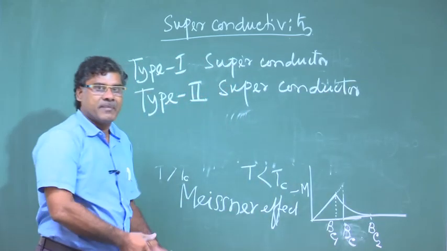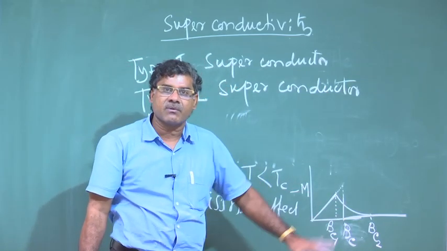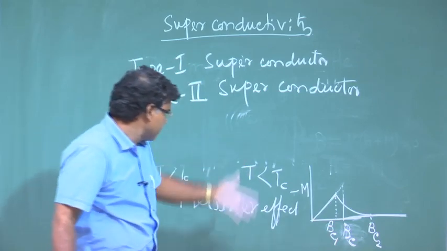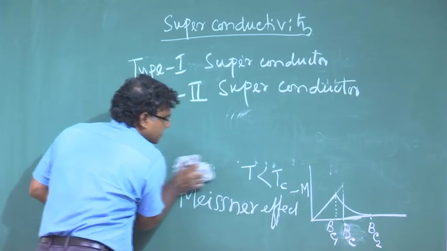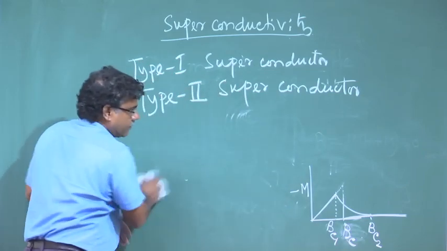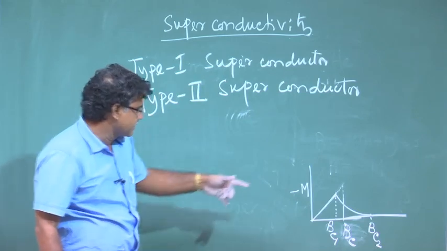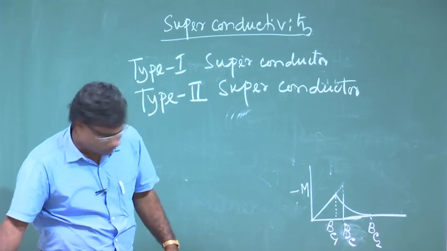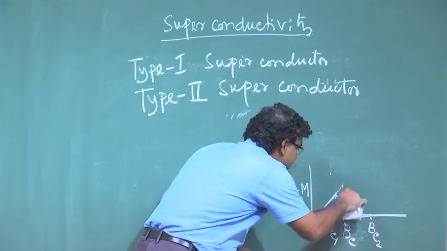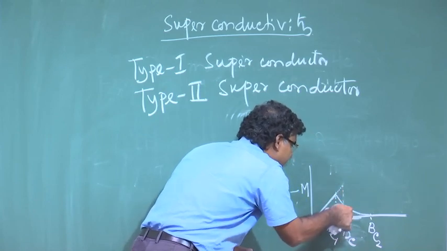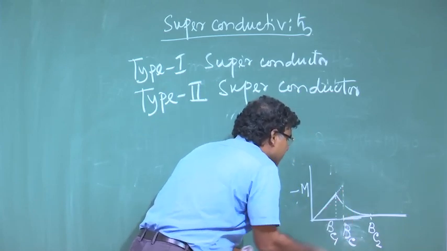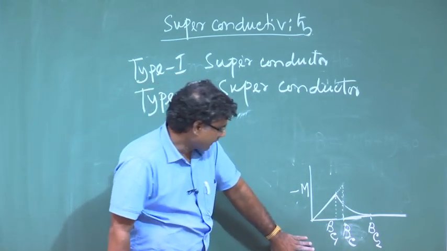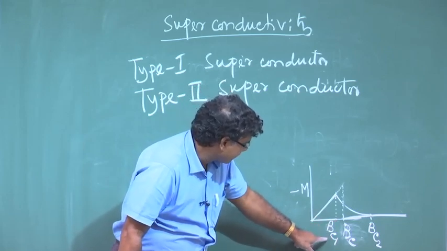Okay. And basically type 2 superconductors are responsible for the higher magnetic fields from superconductors. Okay. So, I will explain how we are getting higher magnetic field from this type 2 superconductor. So, here you see, what is happening?